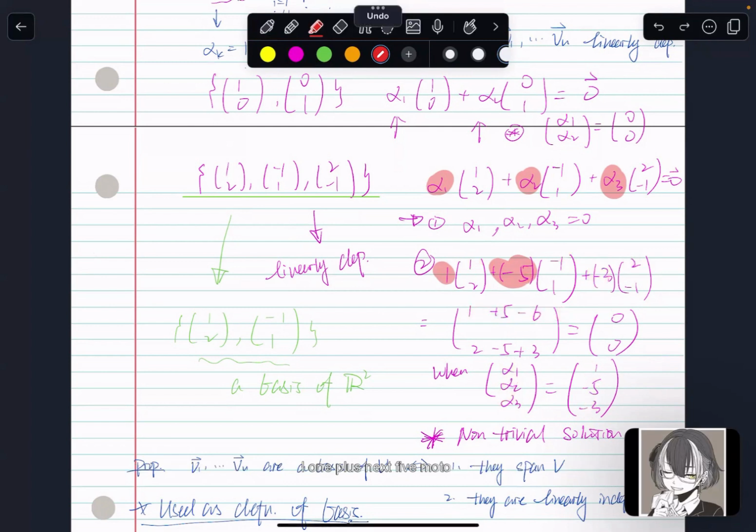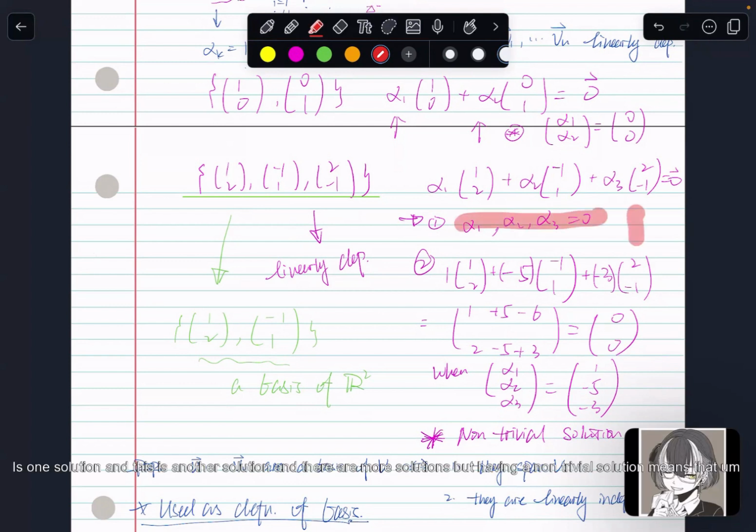And then on the bottom, we got 1 multiplied by 2, -5 multiplied by 1, -3 multiplied by -1. And this combination also gives us the zero vector. So this is one solution, and this is another solution, and there are more solutions.